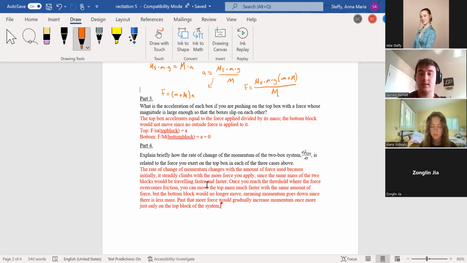And then that means that all the force that is being applied is going to the top block. So we know that the force that is being applied divided by the mass of that top block is equal to the top block's acceleration. And that was my overall answer for that.